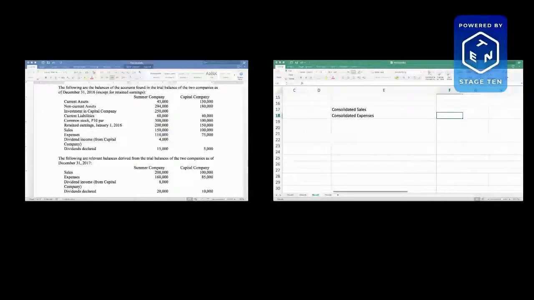So that means our consolidated sales is 250,000. While our consolidated expenses, the expenses reported by the parent is 110, the expenses reported by the subsidiary is 75, but the consolidated entity does not agree. Consolidated entity would say that the expenses of the subsidiary is 81. So we will add 110 and 81, not 110 and 75.